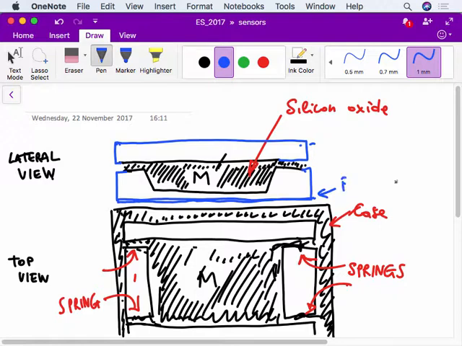This is a bottom stationary plate for the capacitor, and there is also a top stationary plate for the capacitor.